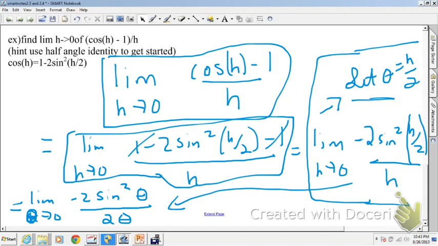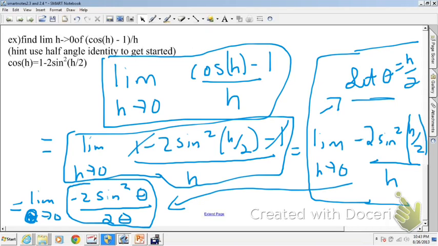We used to be with regard to h, and now we're with regard to theta, because we did that substitution. So now the limit as theta approaches 0 of negative 2 sine squared theta over 2 theta. And here's where we left off.